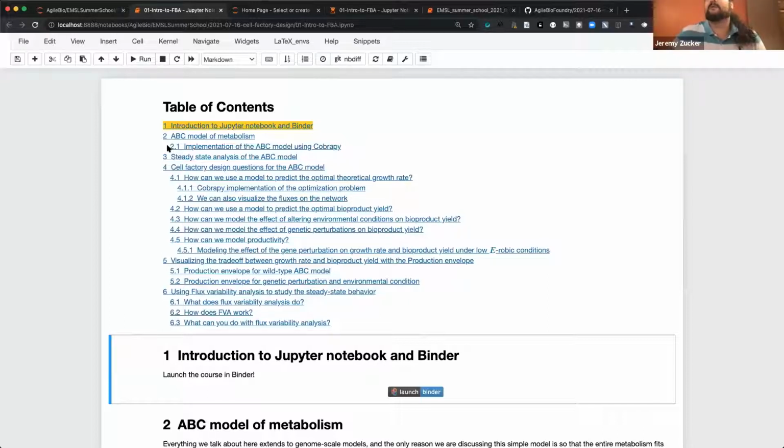So how can we use a model to predict optimal theoretical growth rate? And how can we use a model to predict optimal bioproduct yield? And I'll keep going through these questions to show you that you can answer all the questions that you would want to ask of a real large organism, but we're doing it with a really tiny model just so you can gain some intuitions about that.